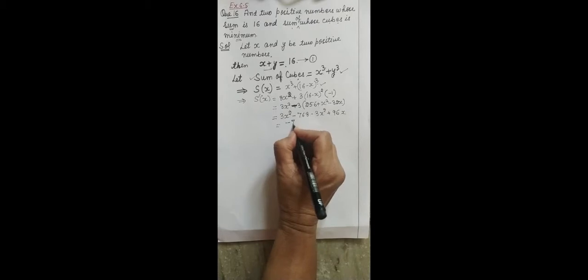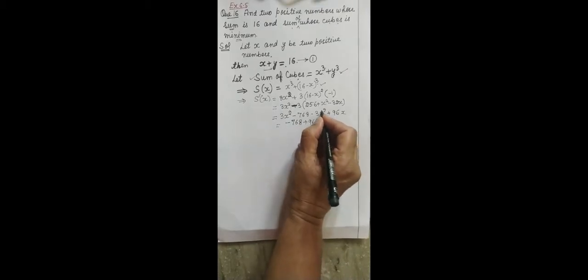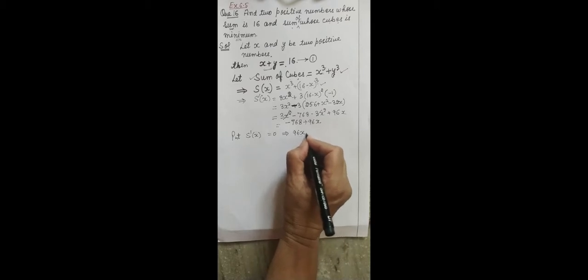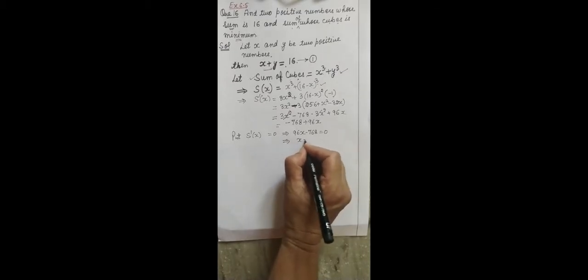So it is minus 768 plus 96x. I am leaving these two expressions. Now my next step for finding the critical points: I will put S'(x) as 0, which gives me 96x minus 768 is 0, which implies what will be the value of x?